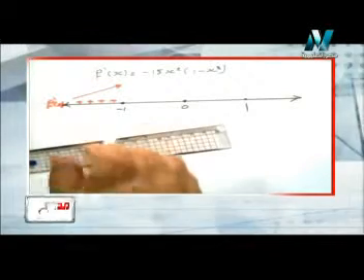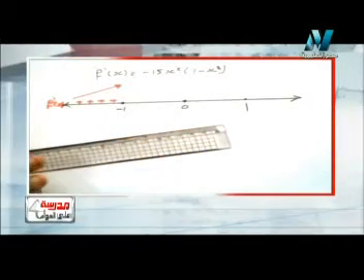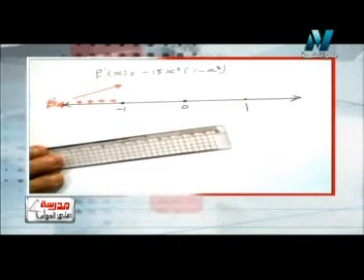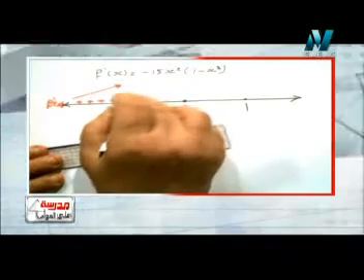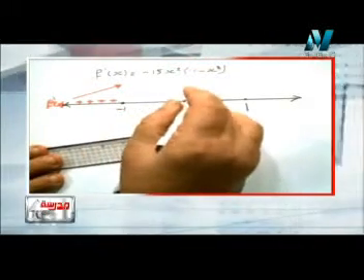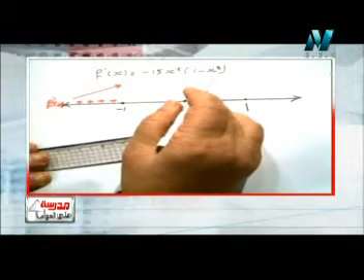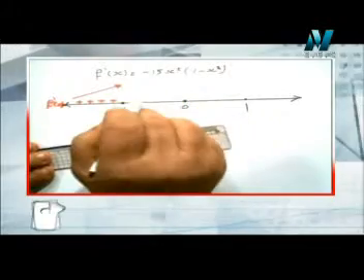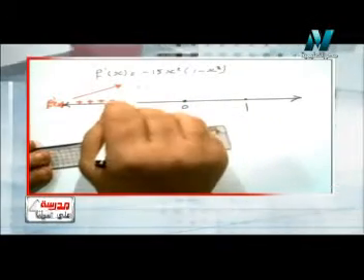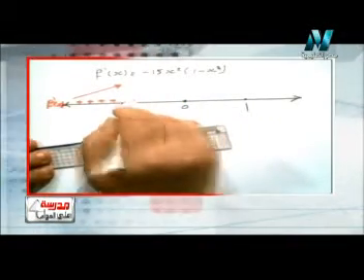From -1 up to 0, say -half, then it is negative, and 1 minus half square is positive, positive by negative it is negative. Therefore, it is negative.